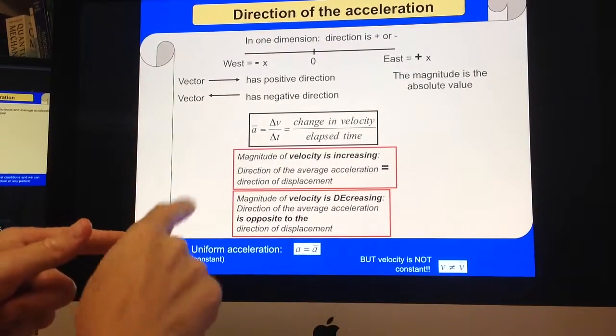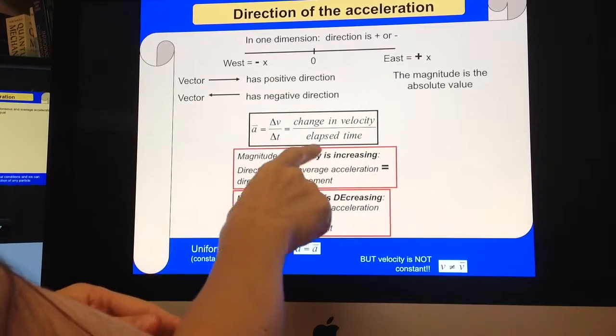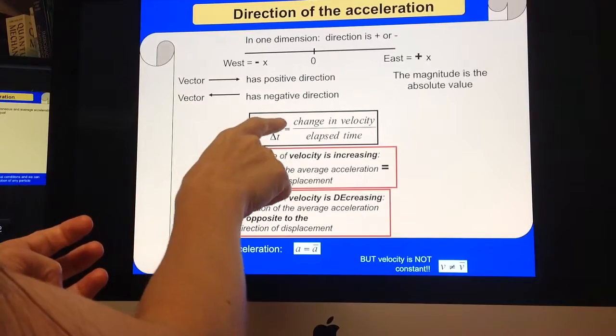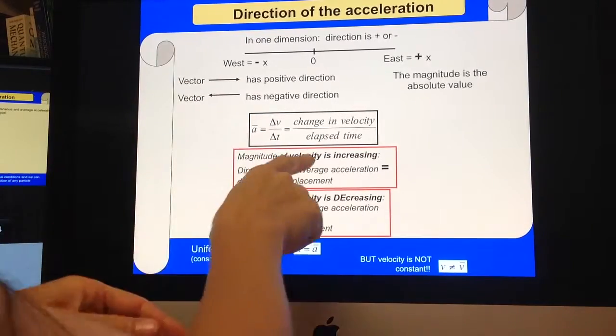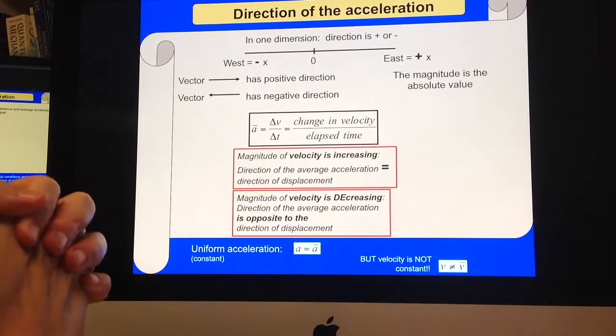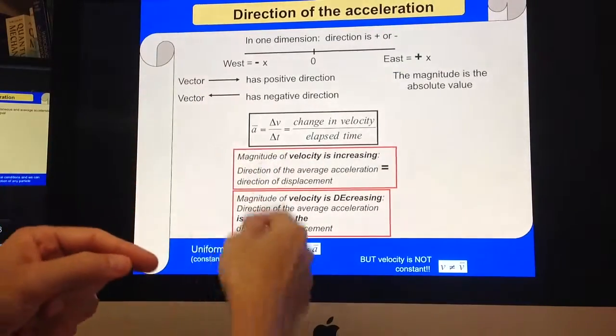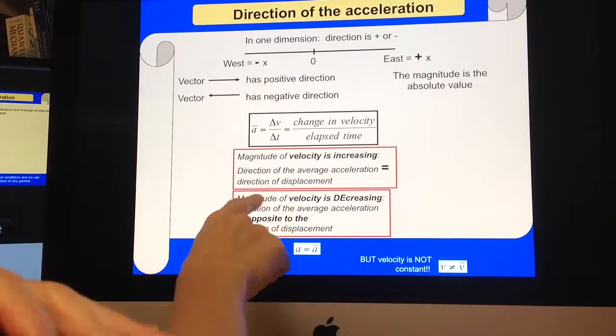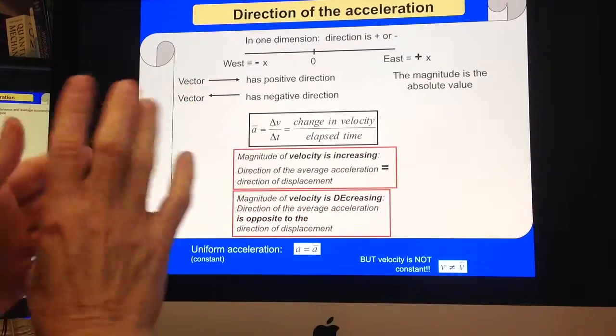If it is, that means that the velocity will be increasing. So if the direction of the acceleration and the direction of the velocity are the same, the magnitude of the velocity will be increasing. But if the acceleration and the velocity have opposite directions, then the magnitude of the velocity will be decreasing.